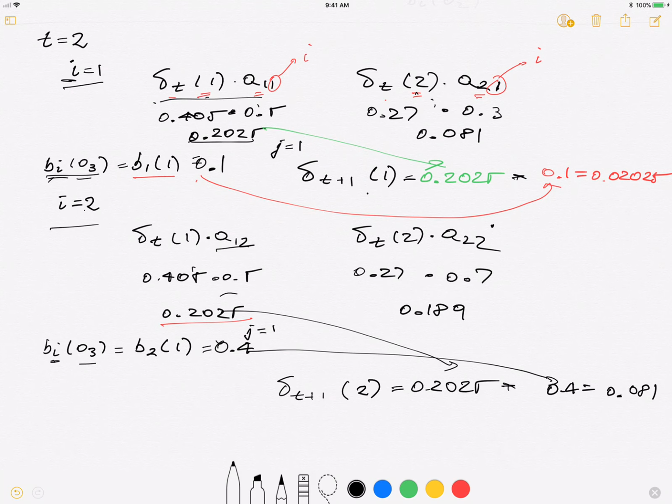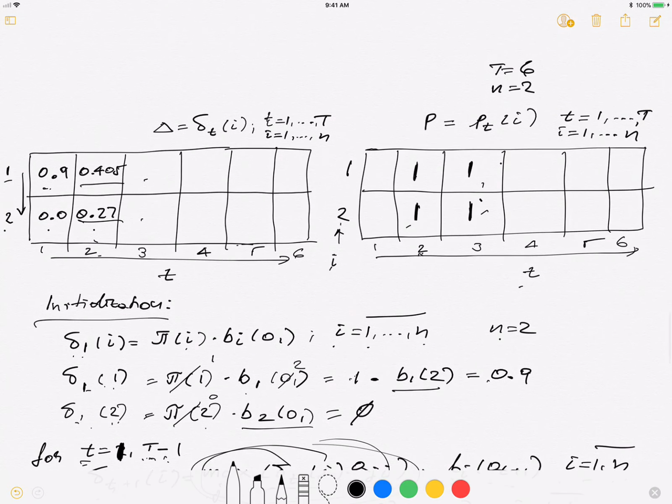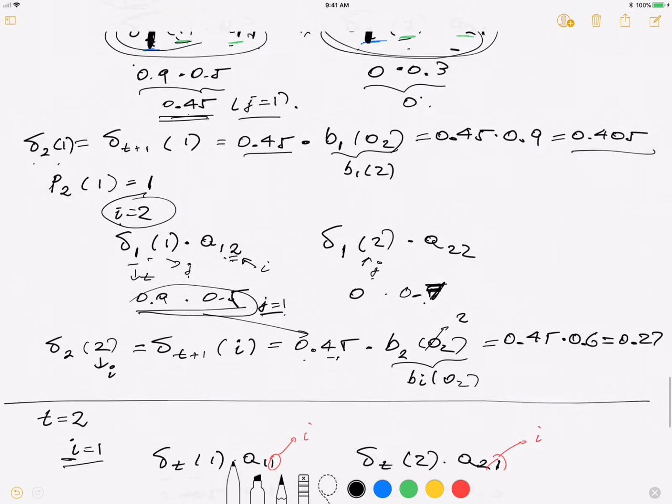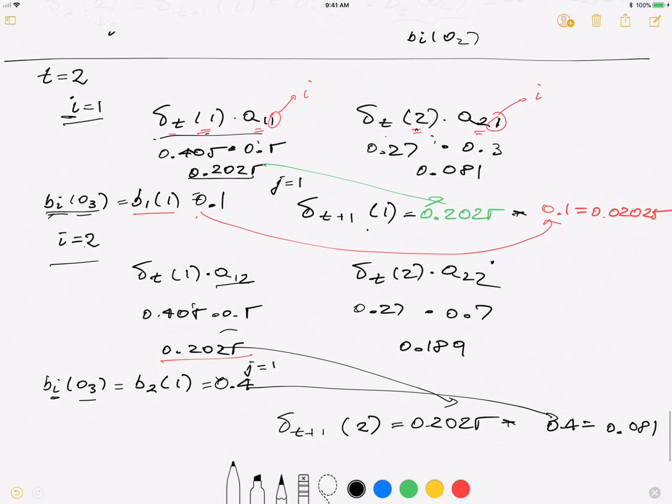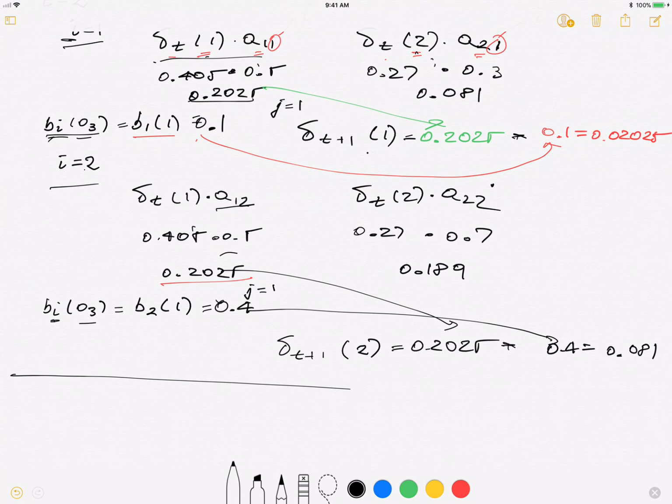Ultimately, I need to put these two values in table. 0.02025 and 0.081. So this completes the algorithm for t is equal 2.